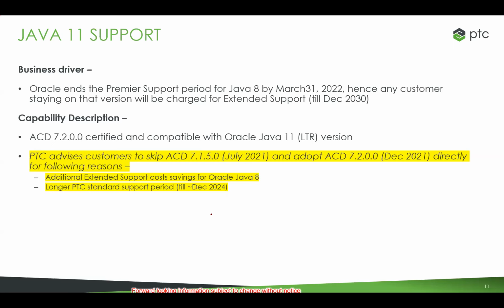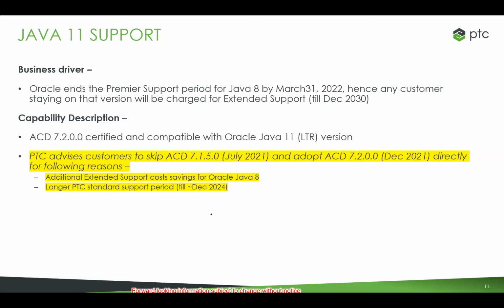And with that in mind, we also recommend all our customers to skip 7.1.5 and adopt 7.2 directly, if possible. This will give you a longer support period till December 2024 for ACD, as well as avoid the additional support costs for Oracle Java 8. As you might know already, Oracle ends its premier support period for Java 8 by March 2022.